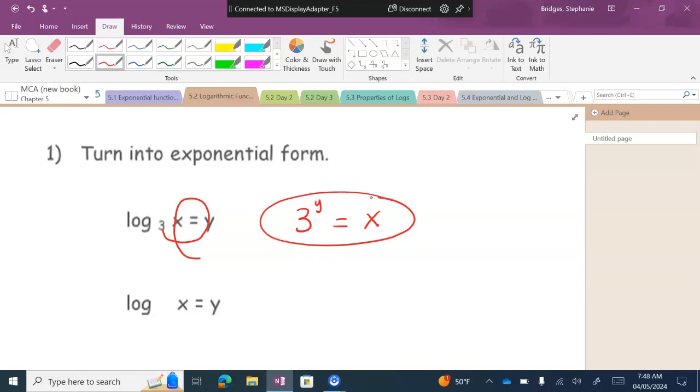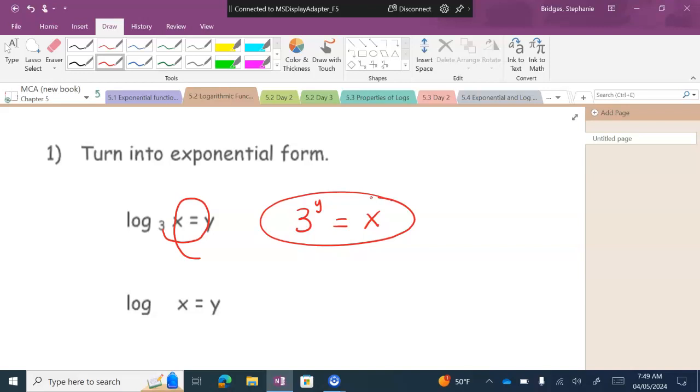All right. The second one. This one is just the log of x equals y. What did we say? If there was no base written, then it was assumed that it was 10. So if it helps you, maybe write that 10 in there. And then do the same thing, starting with our base.